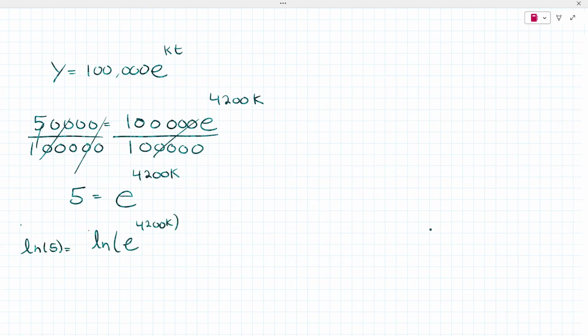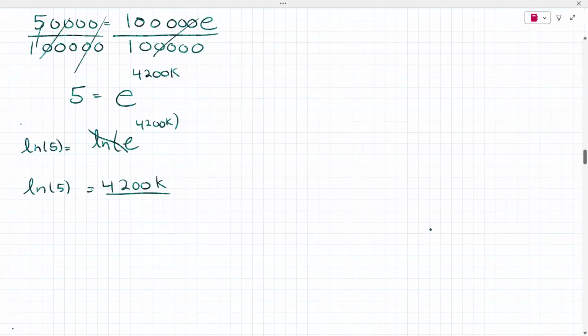And then the ln e cancels, and you're just left with 4,200k. And then over here, you have ln of 5. And then solve for k, so you divide this by 4,200. And you get k equals ln of 5 over 4,200, right?